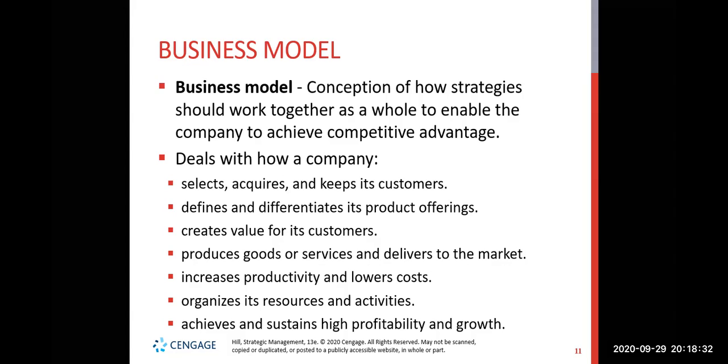The business model is basically, you can say, the mental model, the gestalt. It's a model which conceives how strategies should work together as a whole to achieve the comparative advantage for the company and to generate a revenue stream. It deals with a lot of things.